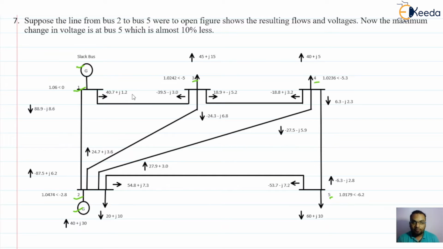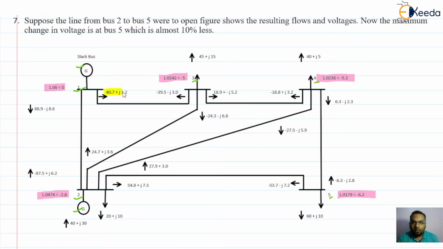On each bus, the value of the voltage is indicated here. On the slack bus, the voltage is 1.06 at an angle of 0 degrees. On the second, third, fourth, and fifth buses, the voltage values are also given. Apart from the voltage values, the line flows are also mentioned here.